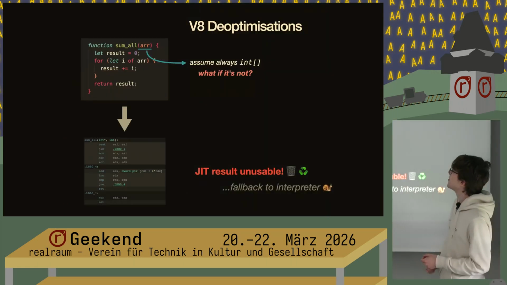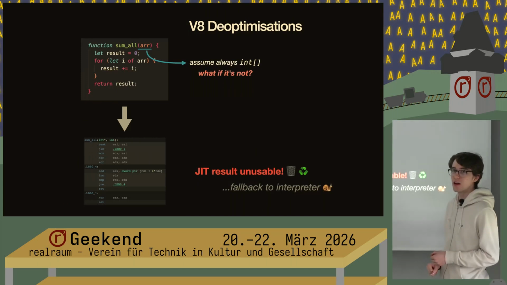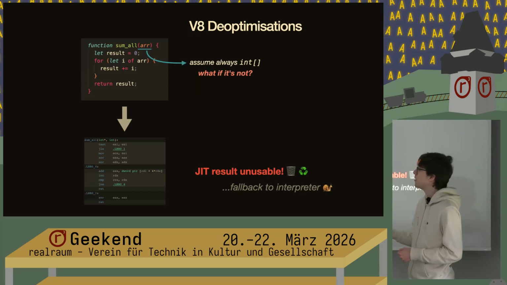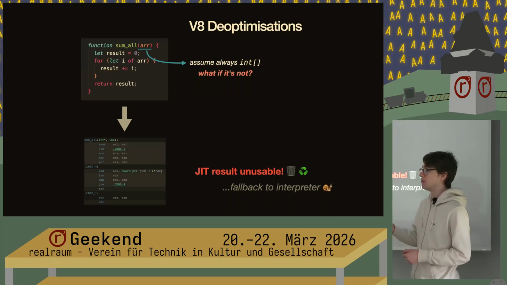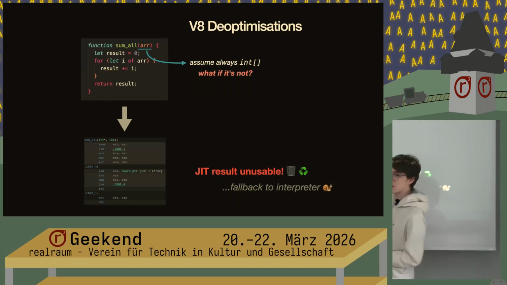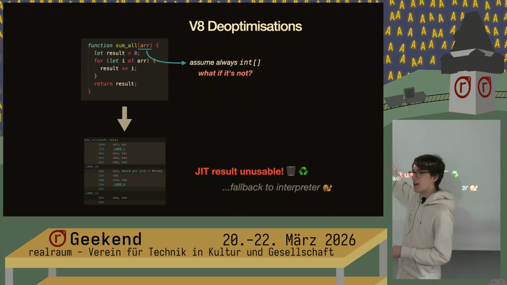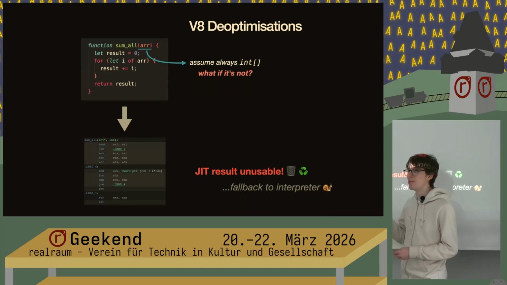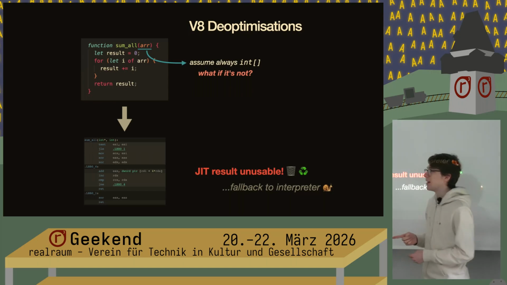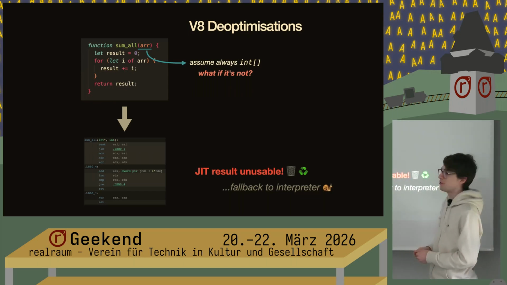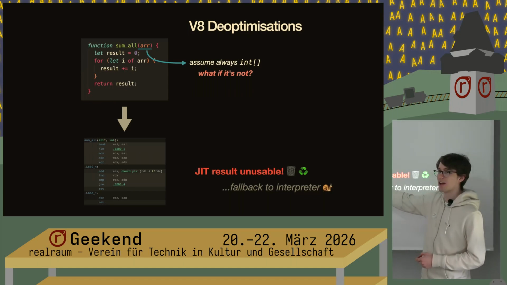what happens if those assumptions are broken? For example, the optimizer sees that it's always an array of integers, but eventually, maybe one time out of 1 million calls, it's not an array of integers, it's a string. What is going to happen there? Because the machine code cannot work anymore if it's a string.